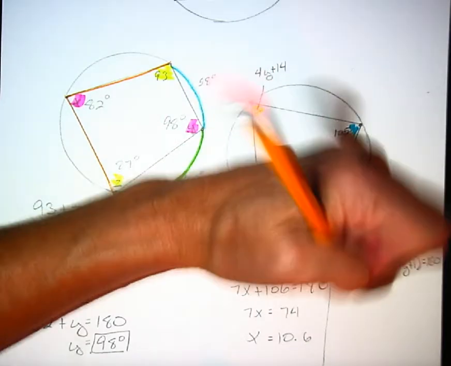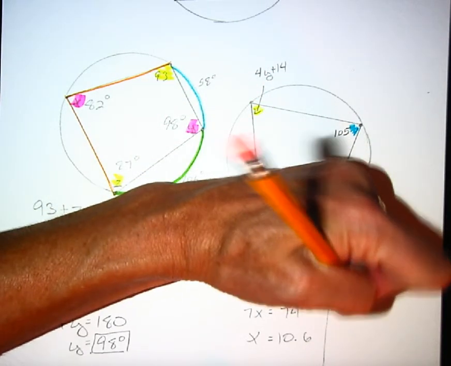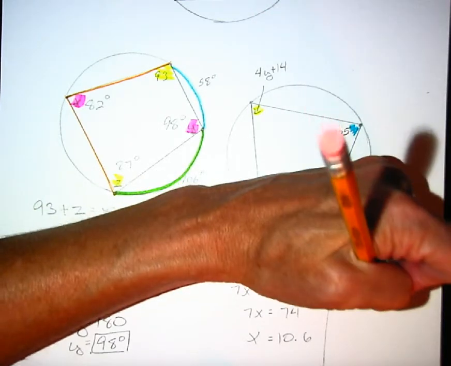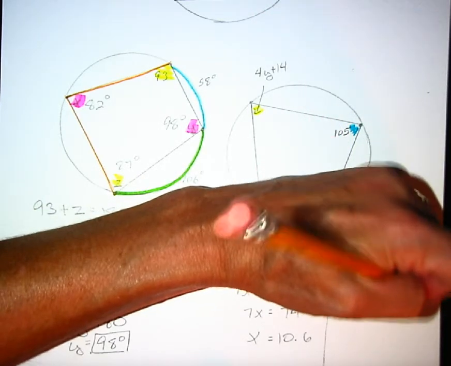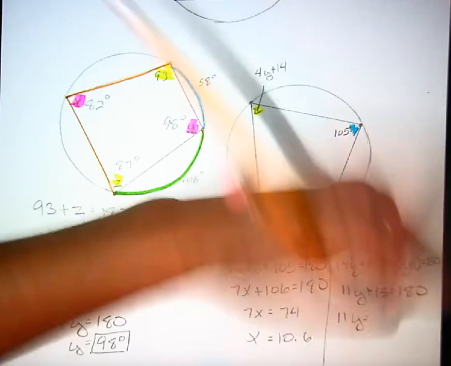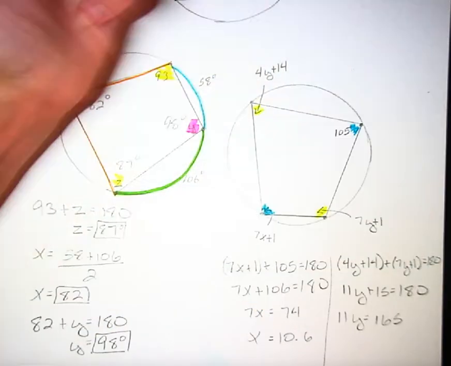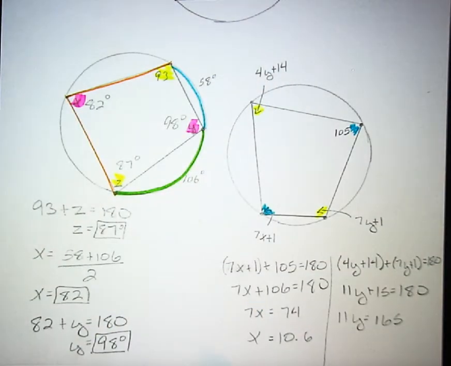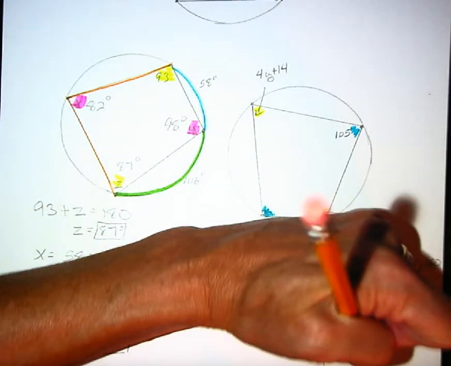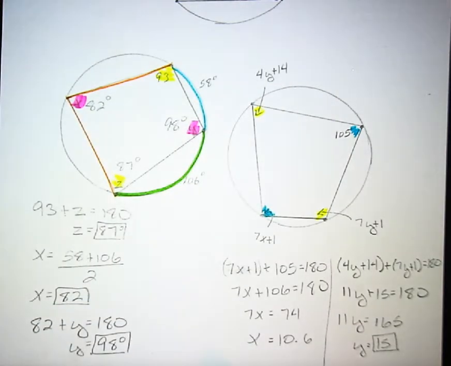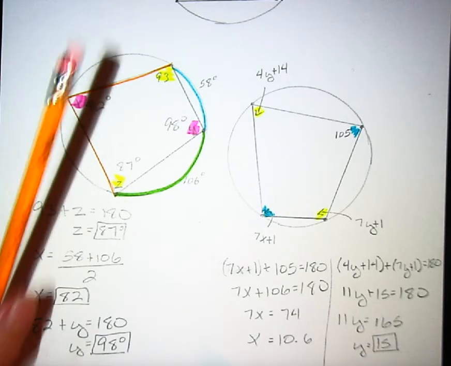So that would be 11y plus 15 equals 180. So 11y is going to equal 165. And that's not going to go in there evenly either. Oh, yes, it will. So y equals 15. Okay? And that's how you solve a problem like that.